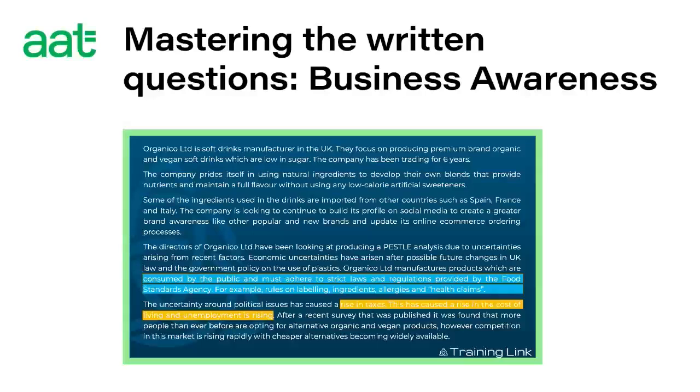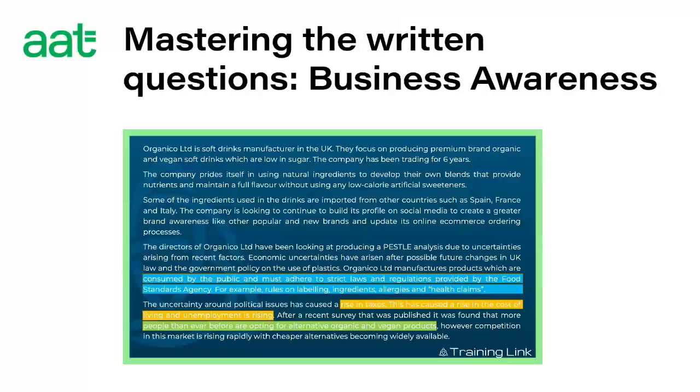So we'll be talking about how that would affect the business. And then lastly, the one I've picked is this about people opting for alternative organic and vegan products. So when it's talking about people's attitudes, that would fall into the social category.